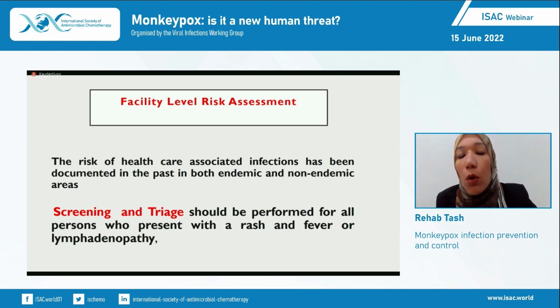We have a message for all healthcare workers: please note monkeypox is a documented healthcare-acquired infection in the past, both in endemic and non-endemic areas. So be careful. For anyone in the current outbreak presenting to your healthcare facility with rash or fever with lymphadenopathy, screening and triage is mandatory.